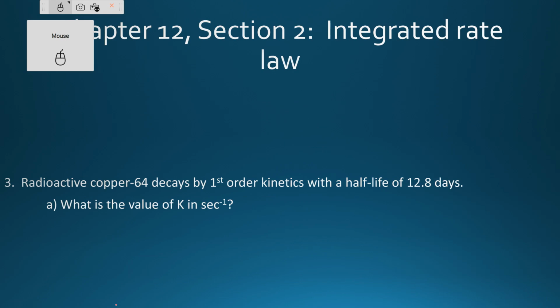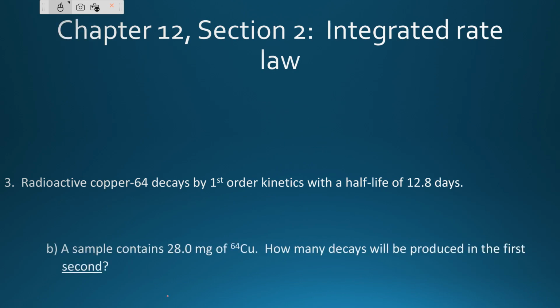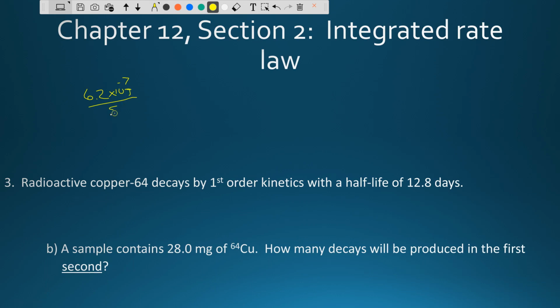Okay, now taking a look at an extension of this. If we had 28 milligrams of this, how many decays would be produced in the first second? Now remember, we had 6.2 times 10 to the -7th grams per second, didn't we? Well, I had 28 milligrams, so that's 0.028 grams.